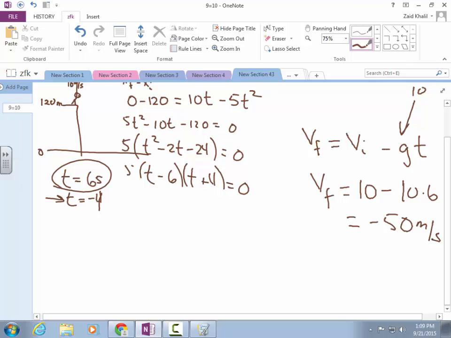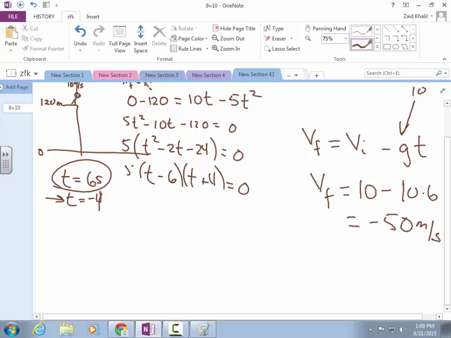Now, what distance did it travel? Clearly, it traveled that 120, but it traveled a little bit more. So what do I need to find? That's right.